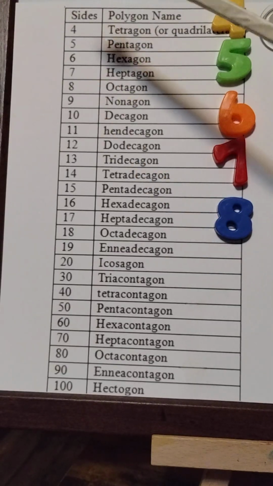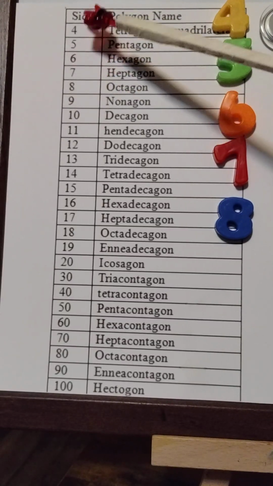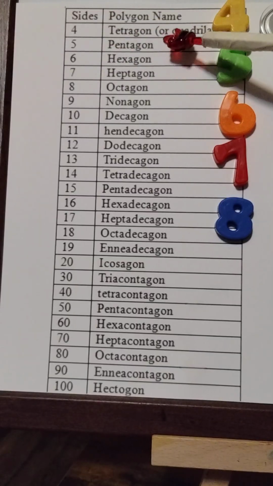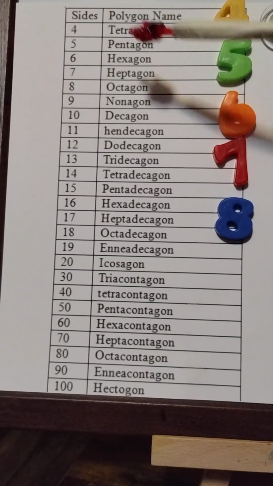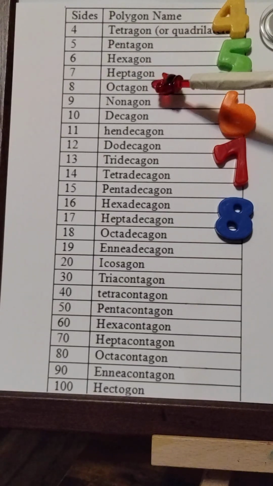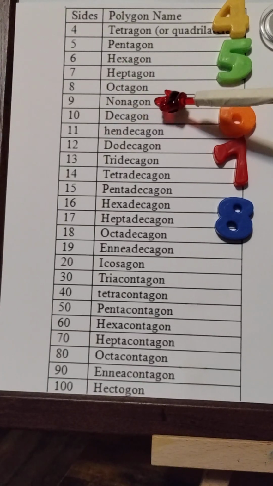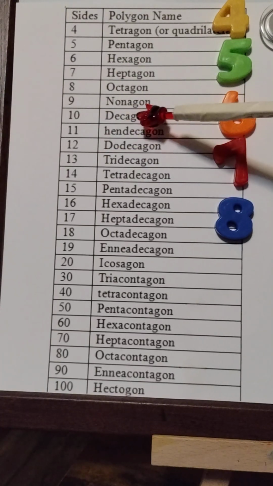we have your 5 sides. If it has 5 sides, it's a pentagon. Your 6 side, hexagon. Your 7 side, heptagon. Your 8 side, octagon. Your 9 side, nonagon. Then you have the 10th side, which is a decagon.